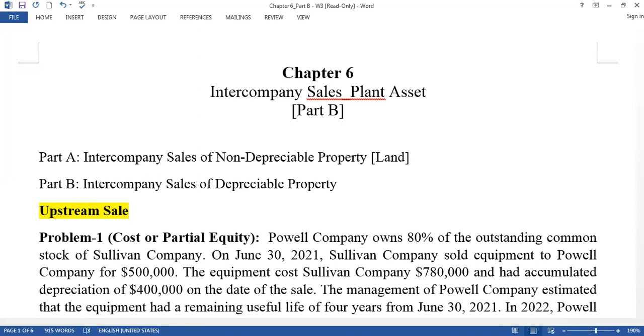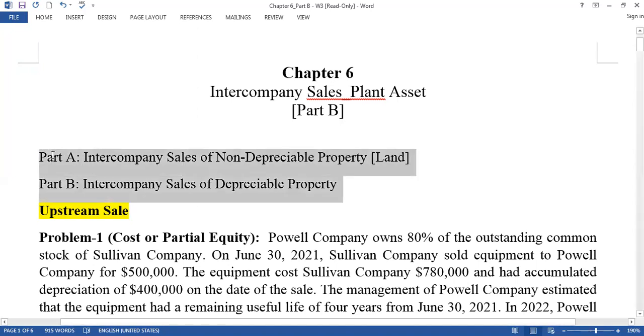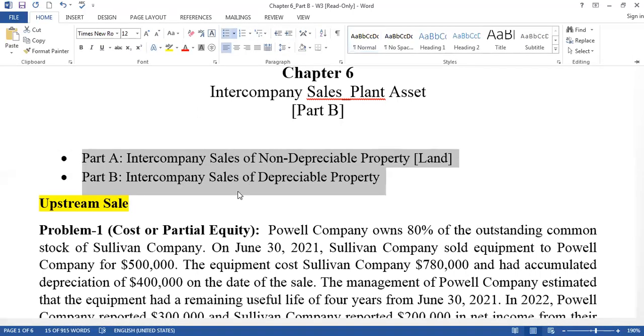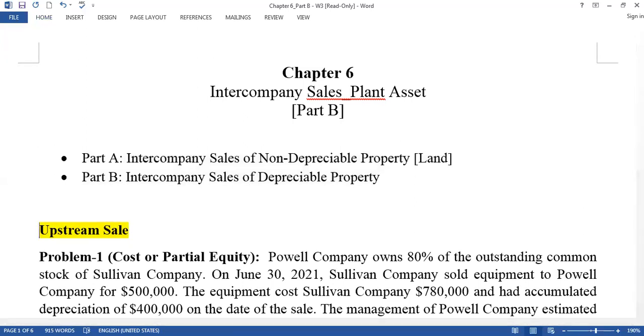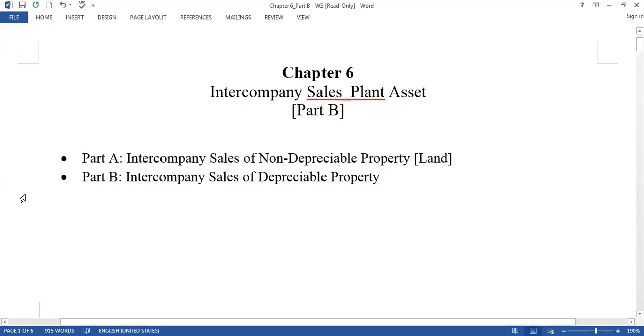But equipment or building or any other asset other than land are depreciable property. So read the question carefully, whether we have depreciable or non-depreciable property, because they have different treatment in accounting. This is one point you have to remember.